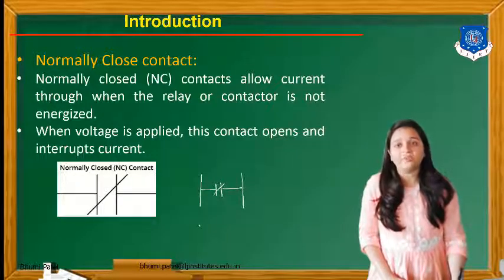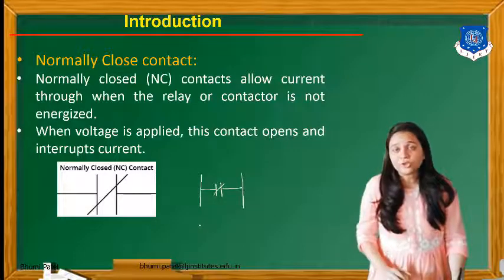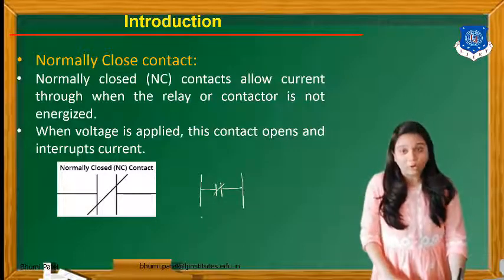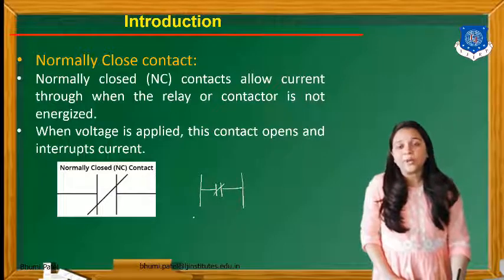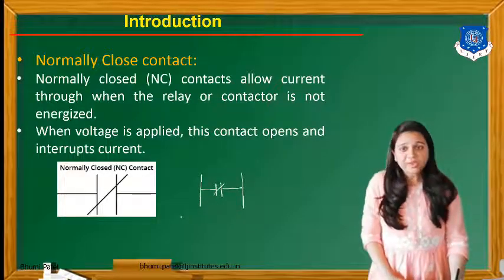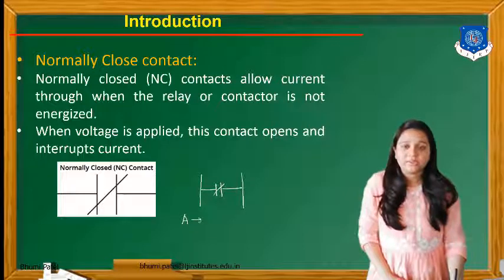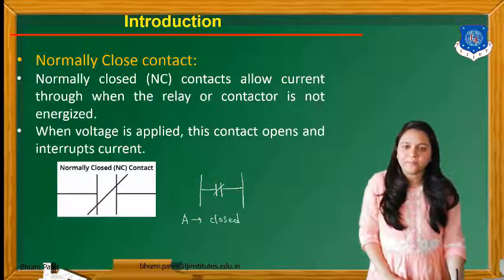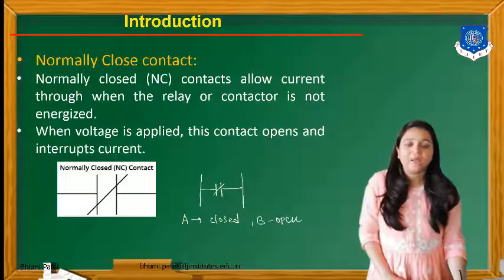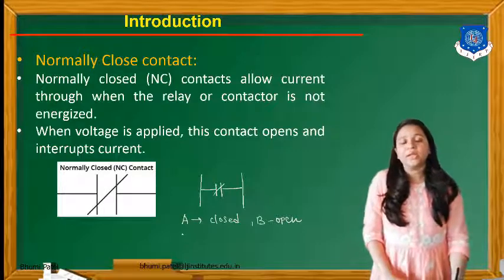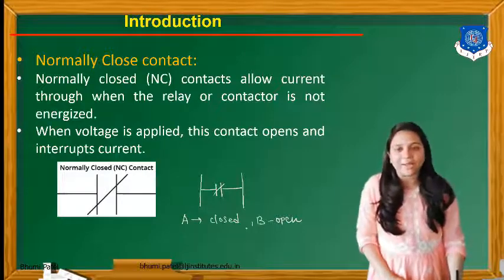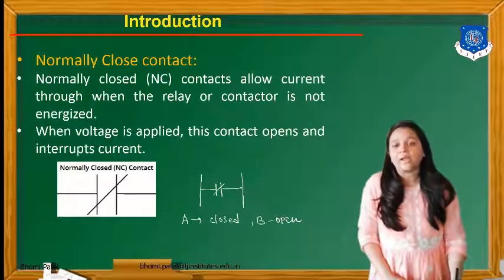Now how can we define whether it is a normally closed contact or a normally open contact? In an example or any system, if they say that the A input is closed during the system and the B input is open during the system, and whenever we connect the input signal to this plant or system, we get the output.